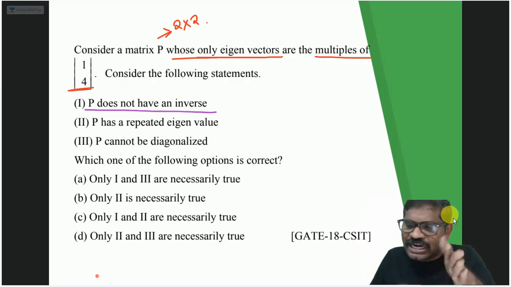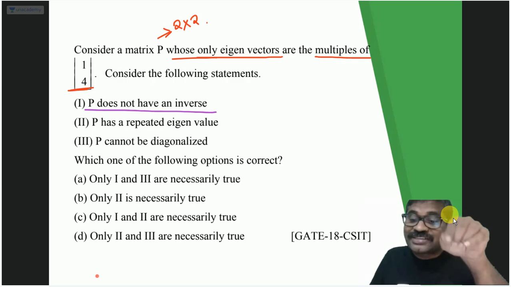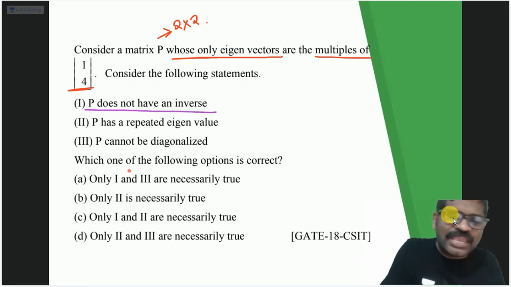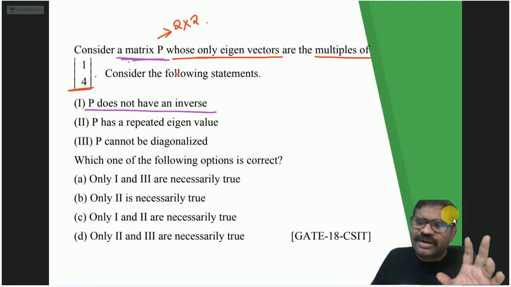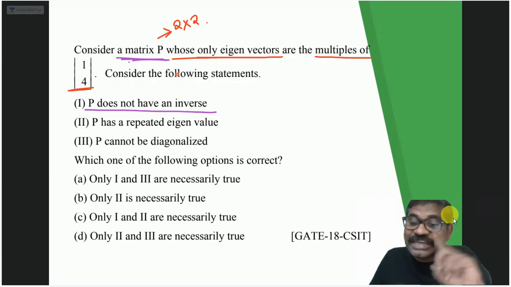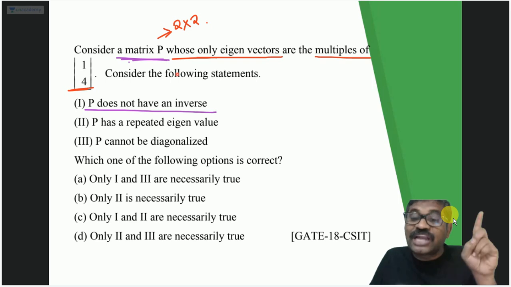It is the original matrix. Most of the students get confused and commit the mistake. So here P is the original matrix. Catch my point?